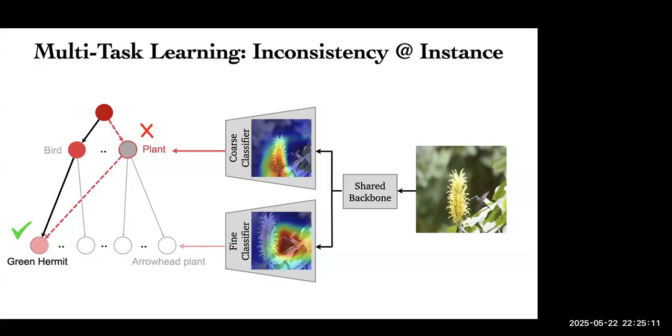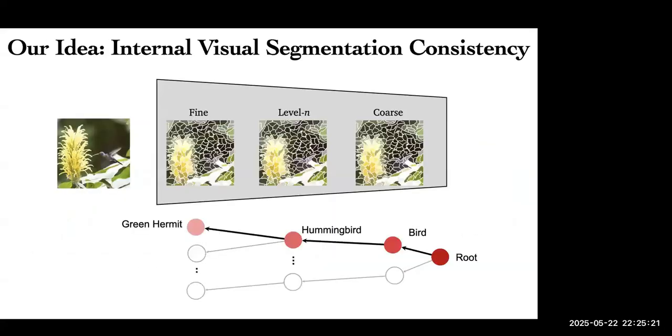While green hermit versus arrowhead plant, all different fine-grained classes, it really needs to focus on small details. Very different tasks. Our idea is that if you want to make consistent predictions at multiple semantic levels, at least you should refer to the same content in the image. I want to enforce internal visual consistency.